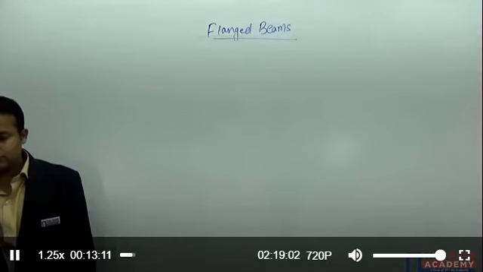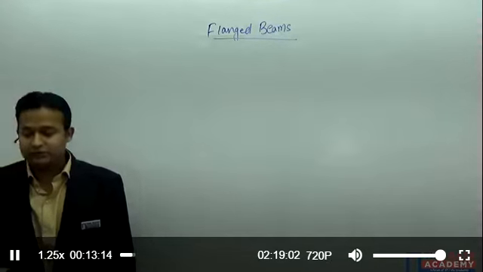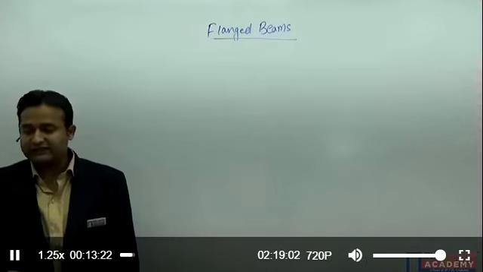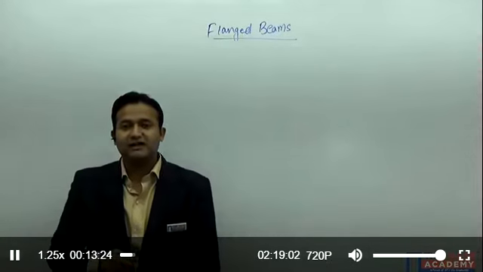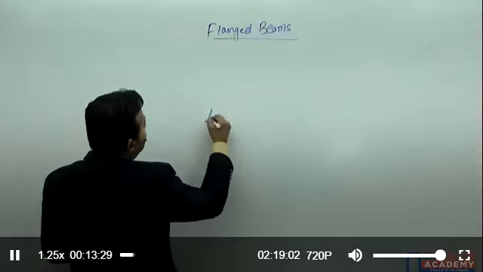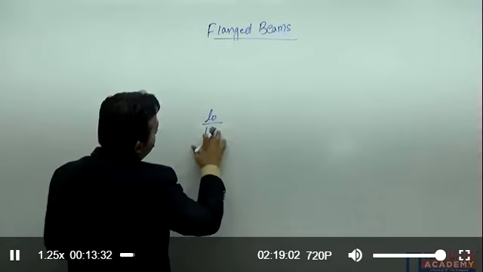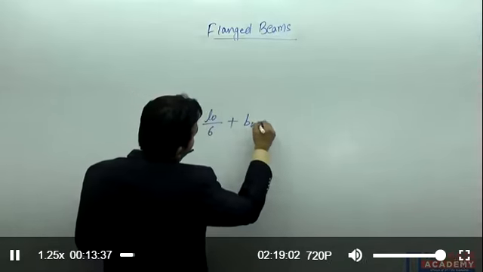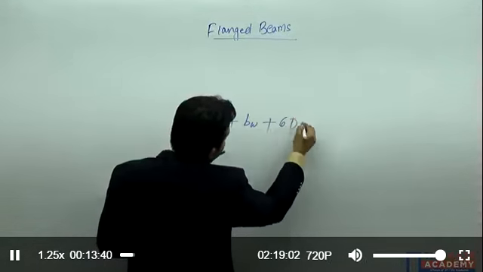We have already seen for continuous T beams. At the end they have written that continuous supports are there, which means it is a continuous beam. So for a continuous T beam, I know the formula: L0 divided by 6 plus width of web plus 6 times depth of flange.